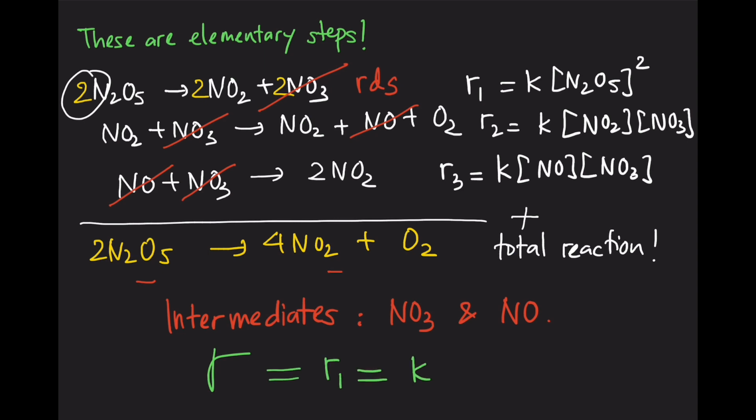So K will be N2O5 power to the second. In this case, it is a coincidence that the order here is the same as the coefficient at the total reaction. However, as I mentioned, for the total reaction, you cannot immediately take the coefficient as the order, but you can do it for elementary reactions as such.